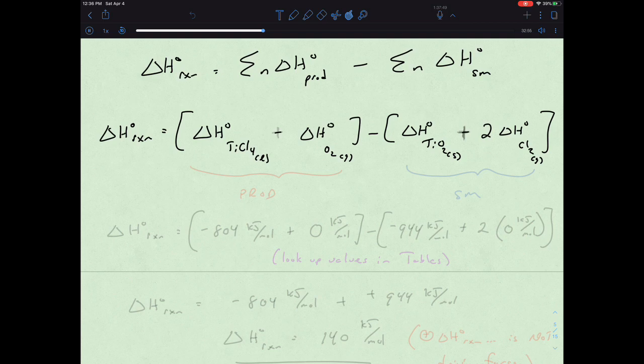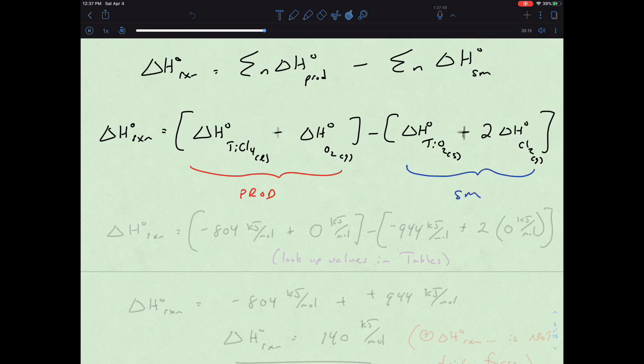So those are our enthalpies that we need to plug into the expression. We have our products on the left side of the equation and our starting materials on the right.